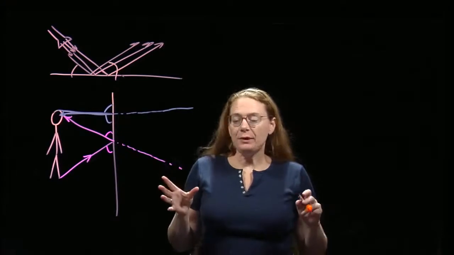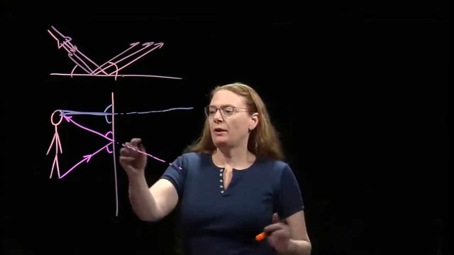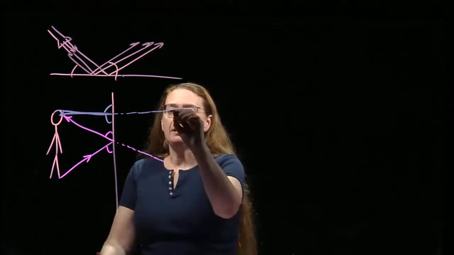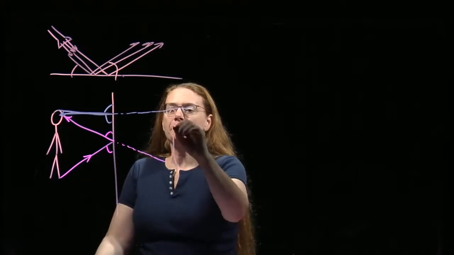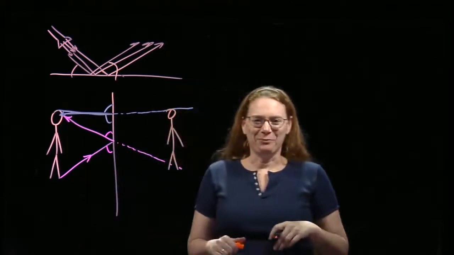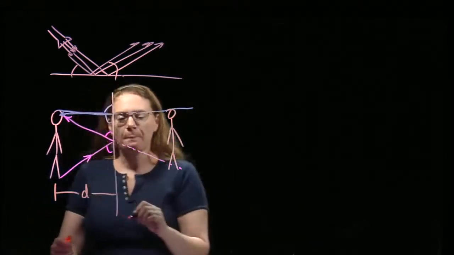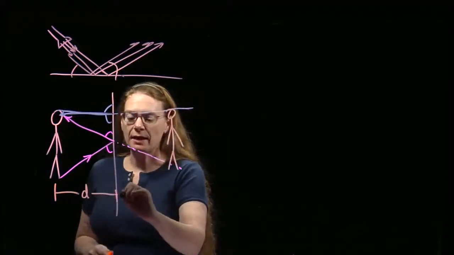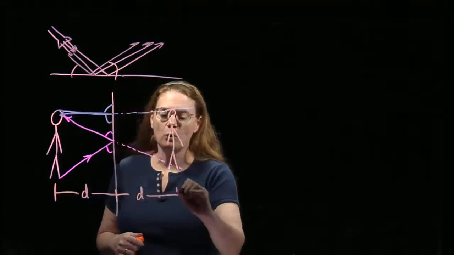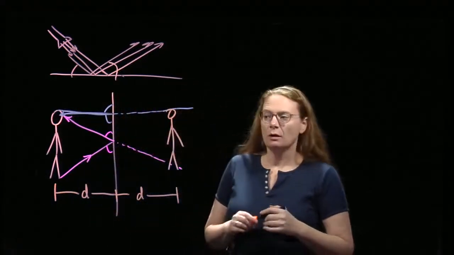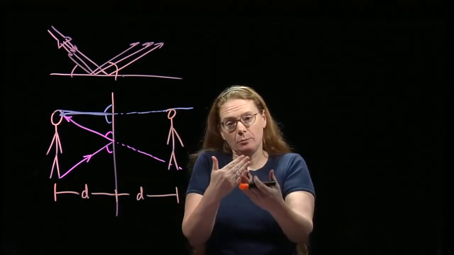So if you do the geometry of this, knowing that angle in equals angle out, okay, I'm not a very good drawer, you know that. What you get is that the distance that you stand in front of the mirror is exactly the same as the distance that your image is behind the mirror.